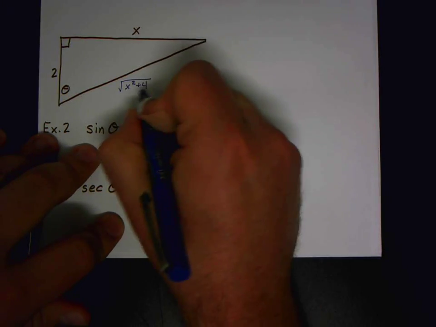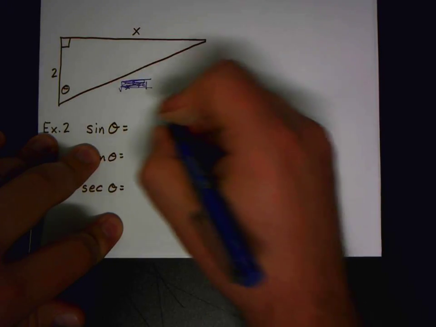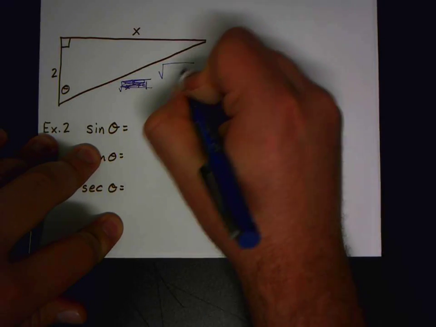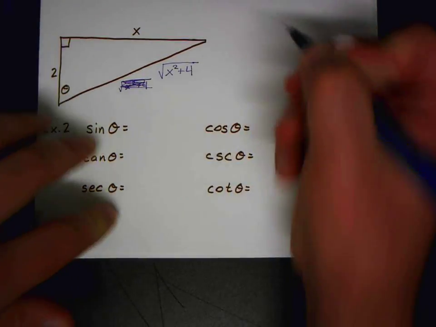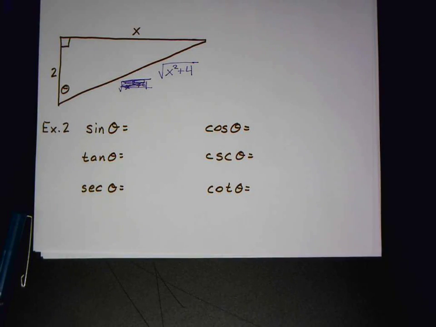And you start writing bigger. You can't solve it because of the plus sign. Yep, that's the missing side.